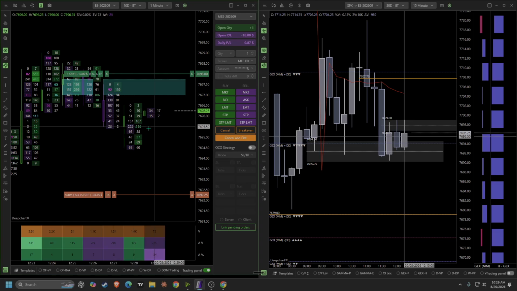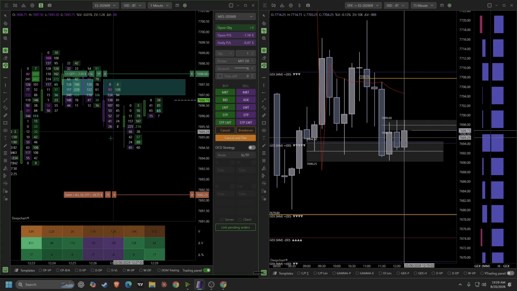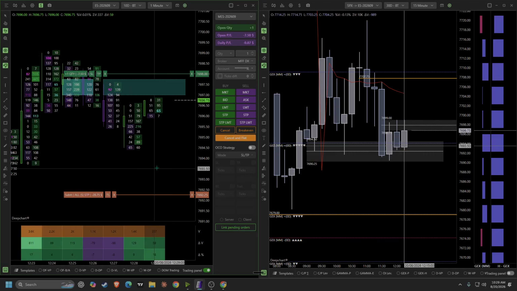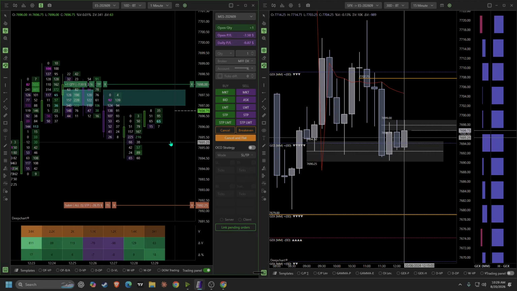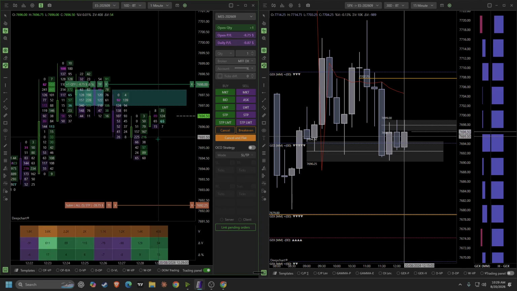Once again, buyers are stepping in. There's two-way trade occurring. Some larger contract sizes on the aggressive buy, bid and ask sides, both sides. And we're trying to continue to push upward.